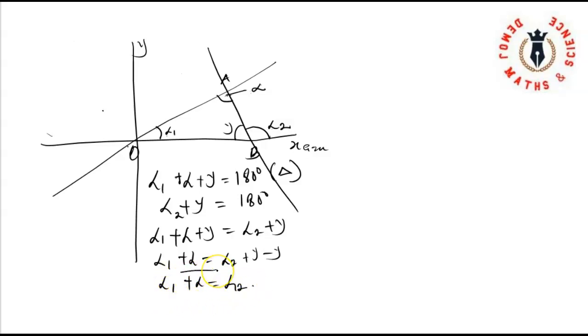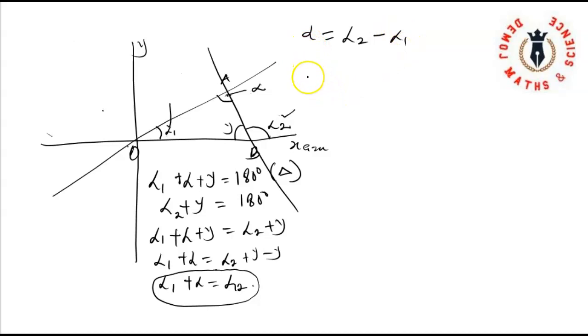What I want to establish is the fact that alpha 1 here plus this angle is equal to this angle outside. Now, if alpha 1 plus alpha is equal to alpha 2, then I can conclude that alpha is equal to alpha 2 minus alpha 1.